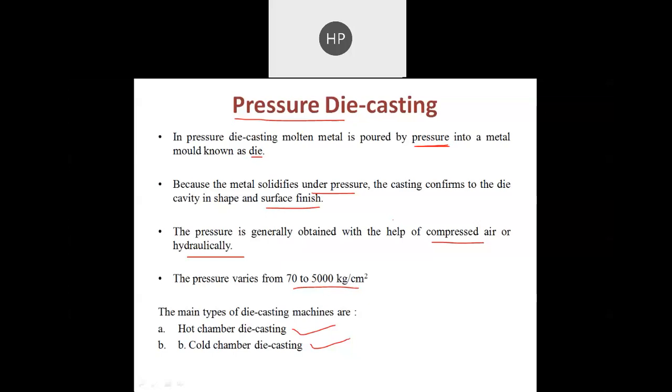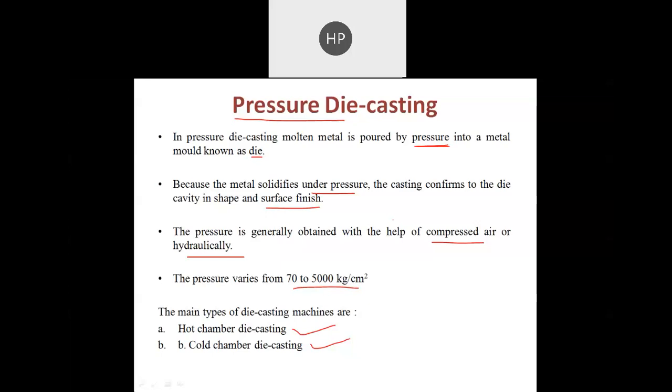So whatever the die is, it should be able to take that pressure, and metals are strong enough to take the pressure. That's why the die is made of metal only. So in shell mold casting as well as in pressure die casting, we are using a metal as a die.